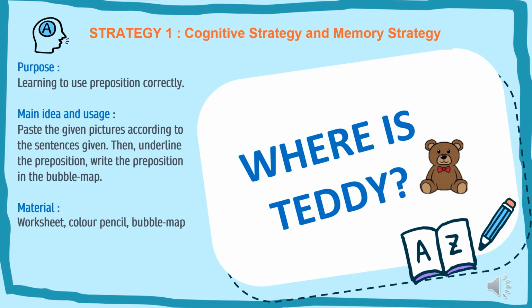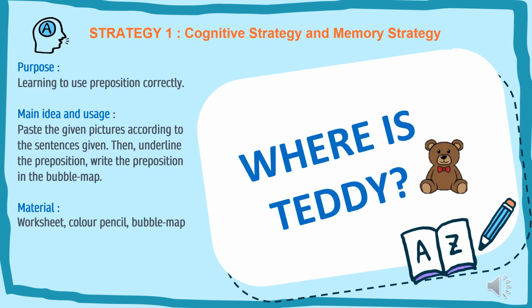So the main idea, they will be using worksheets. They will have to cut and paste pictures, underline the preposition, and for the memory part, they will have to fill in the bubble map.